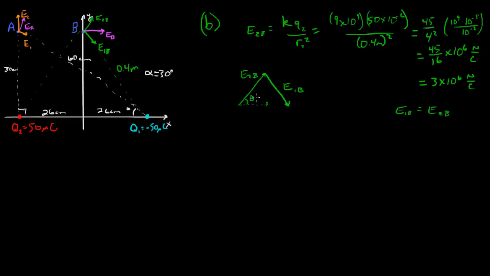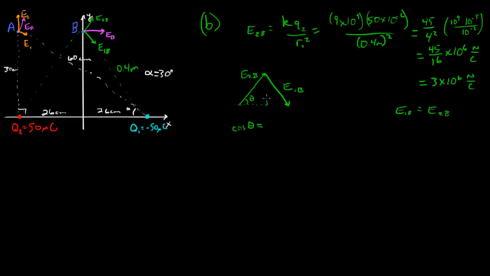Okay, so we know that the cosine of theta is equal to this, the adjacent, which is what we're looking for. Can I call it EX?